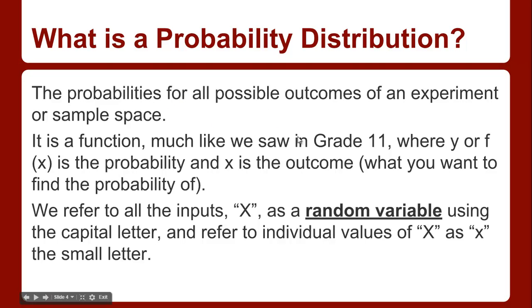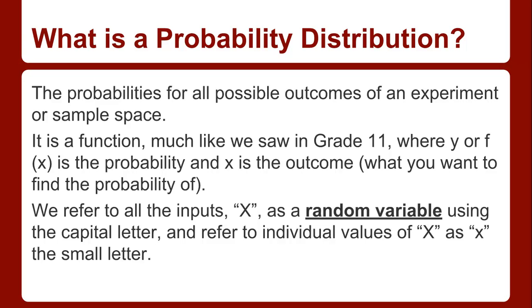It is a function much like we saw in grade 11, where y or f of x is the probability and x is the outcome you want to find the probability of. Just like we had height in terms of time, we have probability in terms of the outcomes.